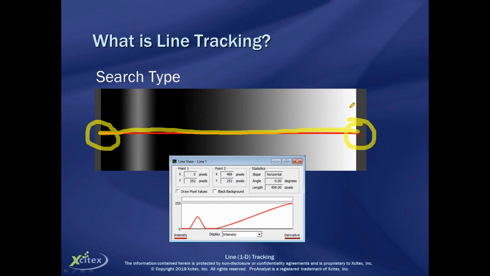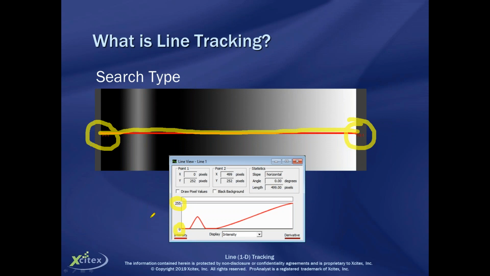All of the analysis done by ProAnalyst is done on a pixel intensity or derivative intensity value. So ProAnalyst doesn't care about any colors present in here. This could be a rainbow or it could be a solid color, but it's the transition and the intensity that is important. So what we see here is values of 0 and 255.